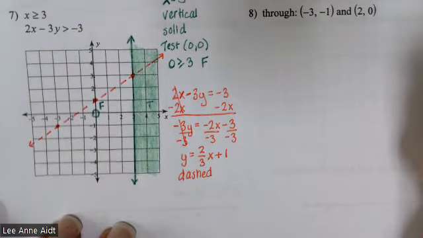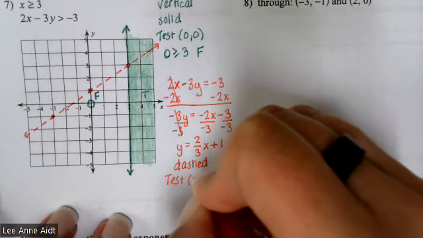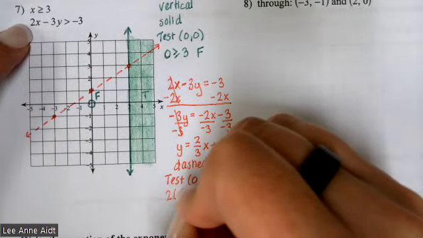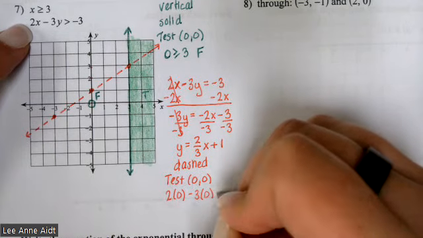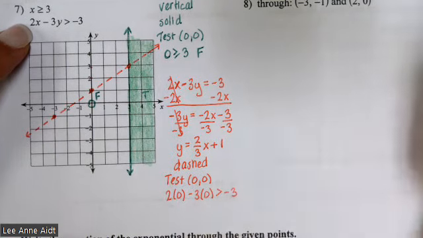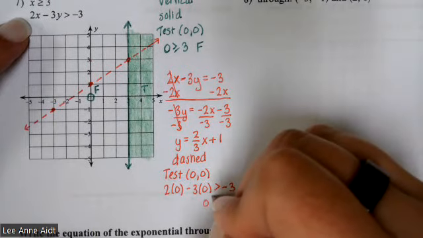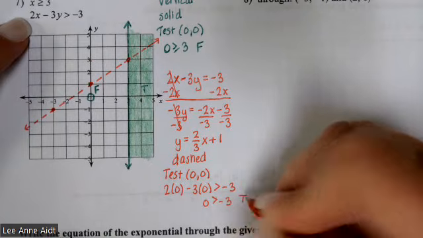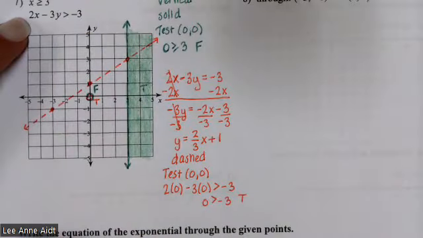Is it okay to test 0, 0 again? Yeah. So 2 times 0 minus 3 times 0 is greater than -3. 0 is greater than -3. True. Okay, so that means this time the origin is true.